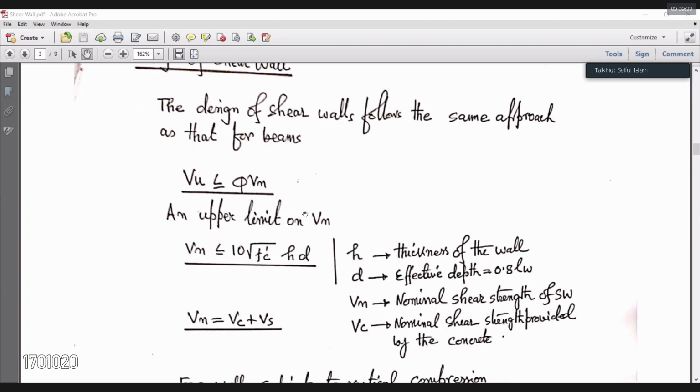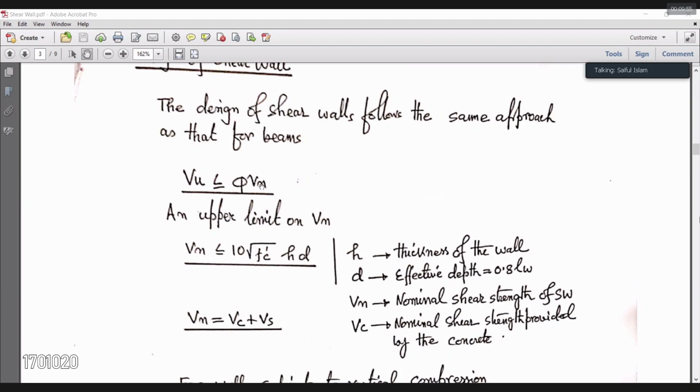Vu should be less than or equal to phi Vn, where Vn is the nominal strength of the wall. Nominal strength comes from some part of shear resisted by the concrete and some part resisted by the steel.